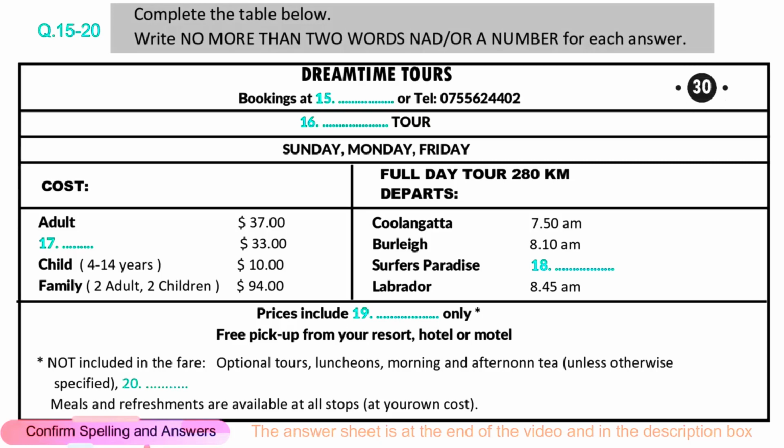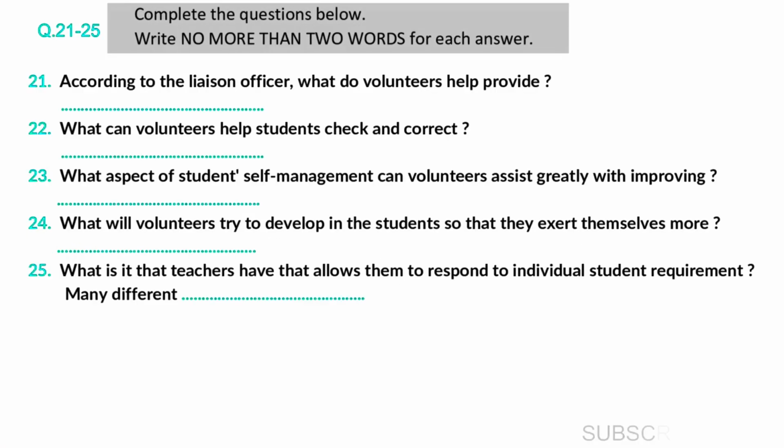Now, turn to Section 3, between two training college students and their liaison officer who is enrolling them in a volunteer program which provides English language support in a local secondary school.